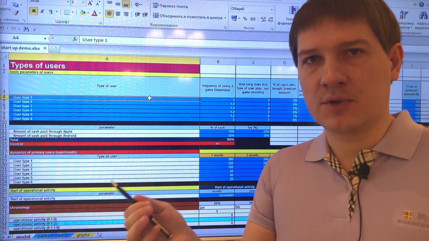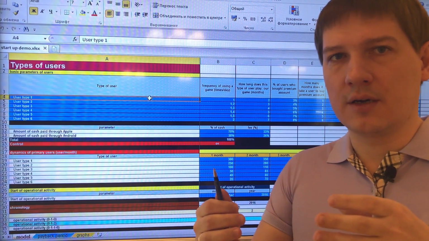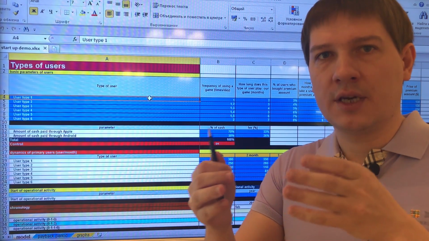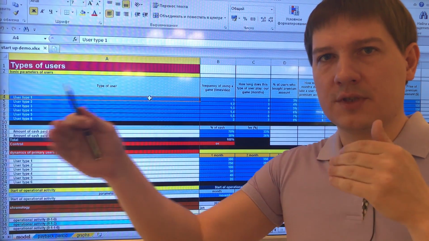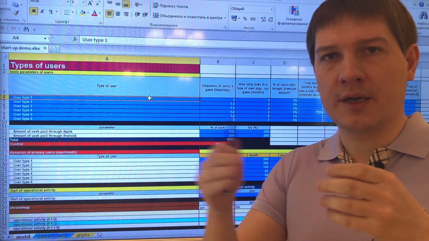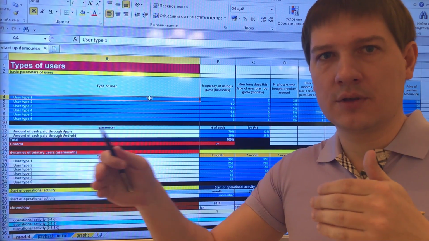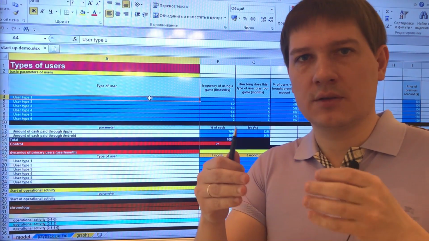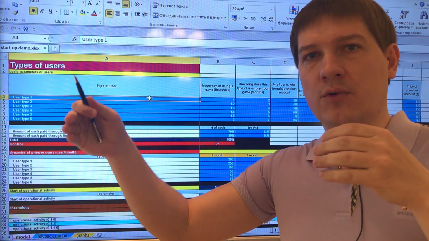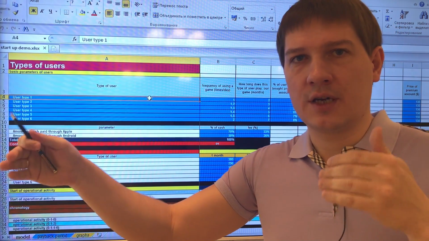There are different types of user, and each type has different financial behavior. They have different terms of using your game, and some buy additional options, some don't buy at all, some stay with you for 1 month, some for half a year, some for a year.